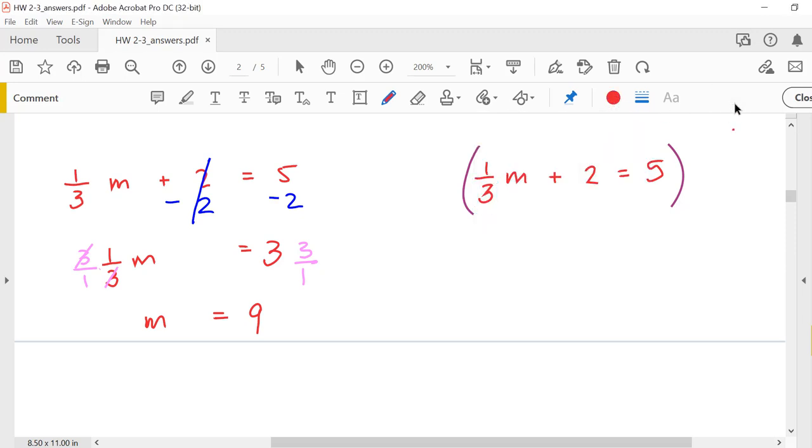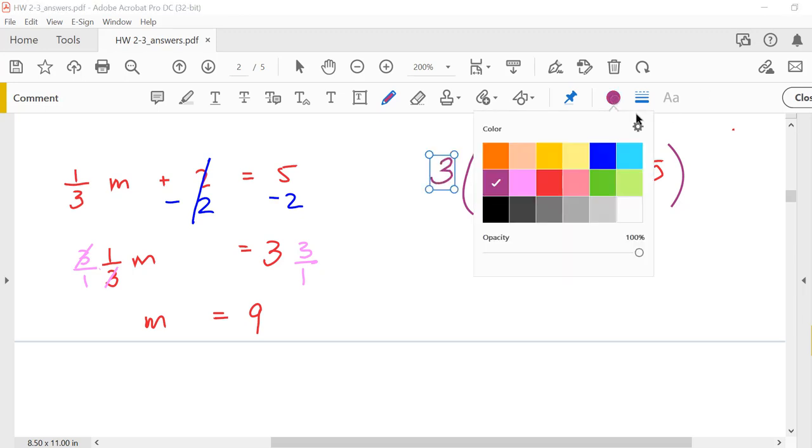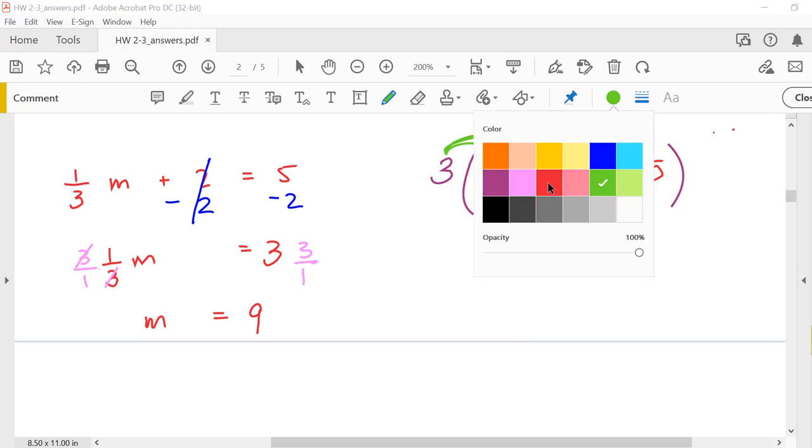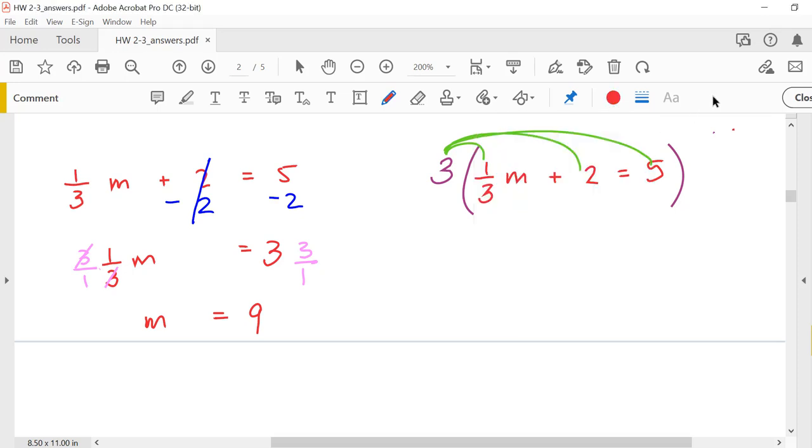So the least common denominator is going to be 3. I'm going to multiply the entire equation by 3. So I'm going to have to distribute that 3 to everyone. 3 times 1/3 m is just m. 3 times 2 is 6, and 3 times 5 is 15.